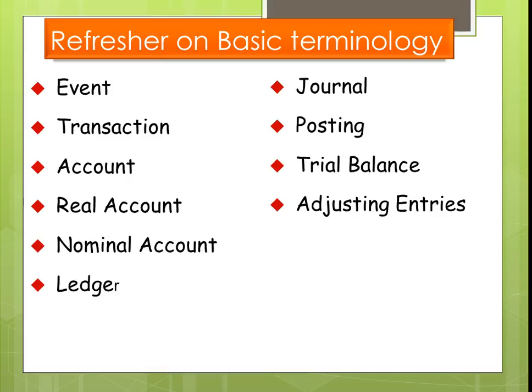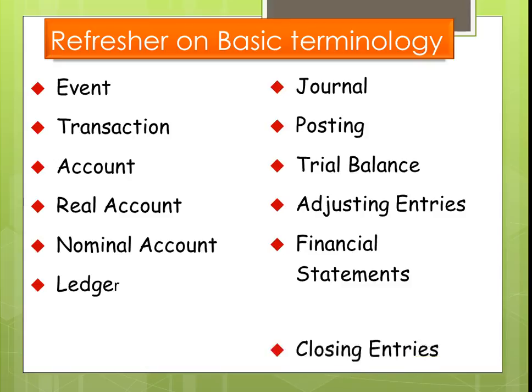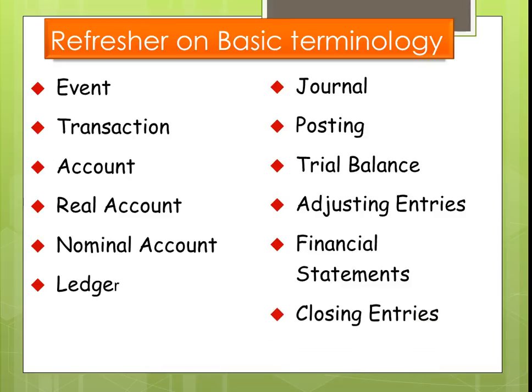So because of that, at the end of each month, we must do adjusting entries. Then, based on an adjusted trial balance, which is run after we do the adjusting entries, we prepare our 4 financial statements. And then at year end, we do one more thing. We close the books and we transfer all the balances from nominal accounts to retained earnings.